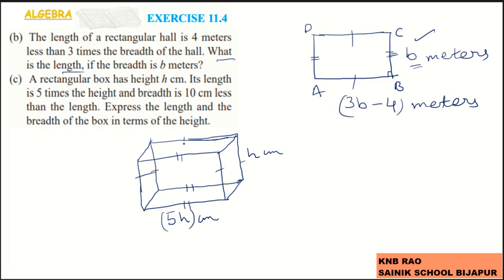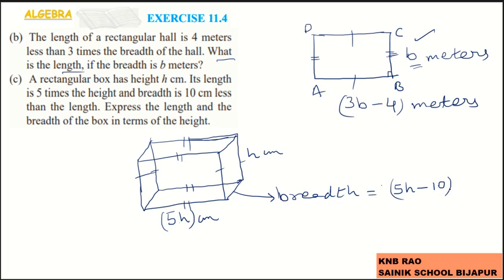Then breadth. The breadth is 10 centimeter less than the length. That means for this breadth, 5 times the height becomes the length, and 10 centimeter less than this length.